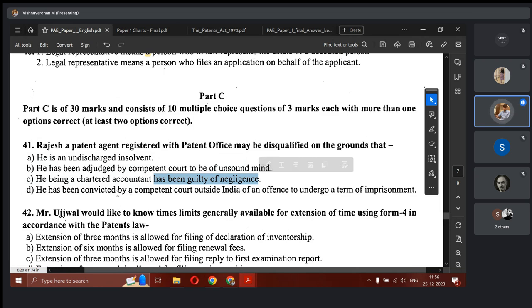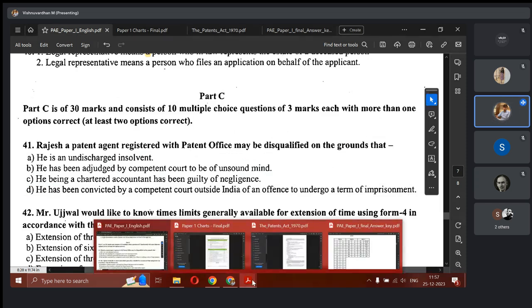He has been convicted by a competent court outside India of an offense and sentenced to a term of imprisonment. You will have to see the section, but even in the section it's not completely clear. The chartered accountant part is definitely not mentioned, and even insolvency is not mentioned. Let's make a guess. I think the options have to be B and D. I don't think A and C are connected to this. It has to be B or D. I might be wrong again.